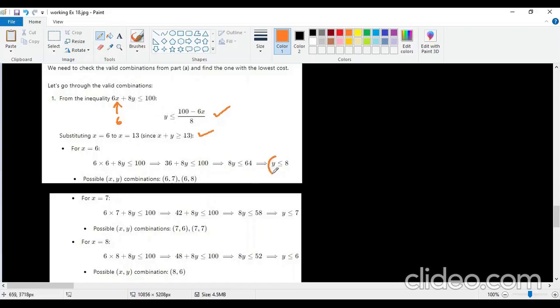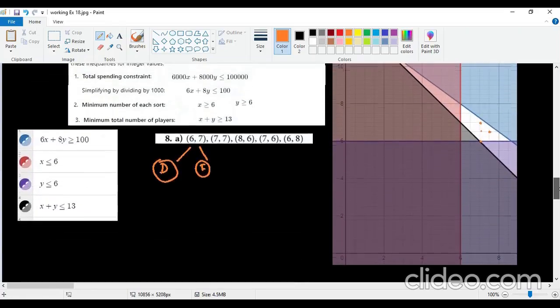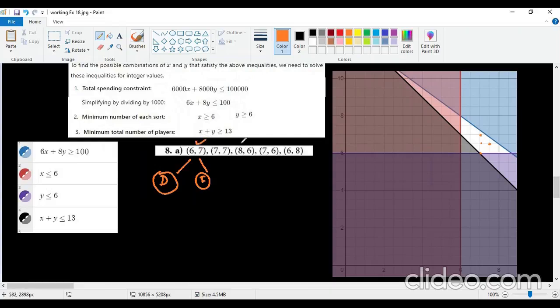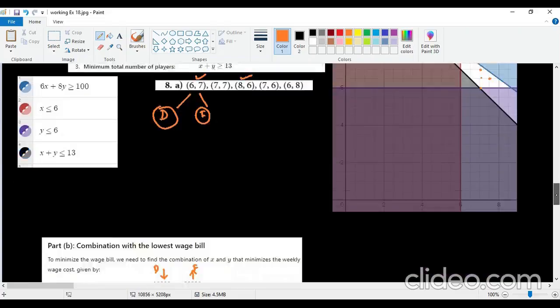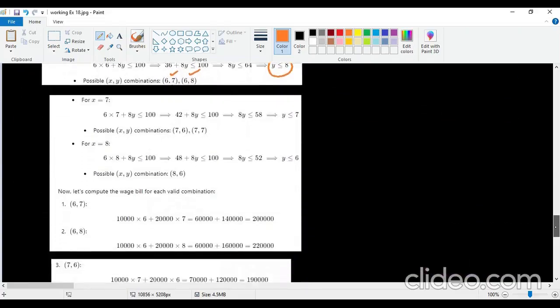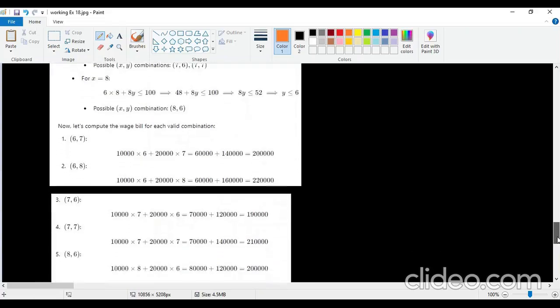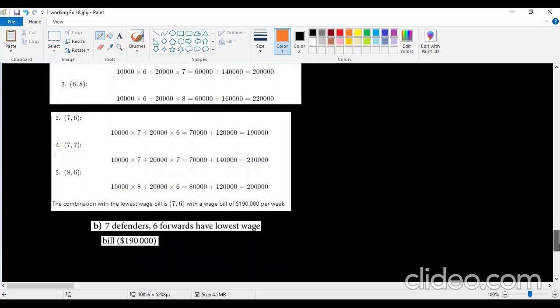The value of y is going to be less than or equal to 8. That means the possible outcomes are 6, 7 and 6, 8, that you can see over here also. Graphically we found the answer, so there is no need for much calculation, but if calculations are required, they are all given here. You can pause the video, substitute the values and see for yourself how this works.